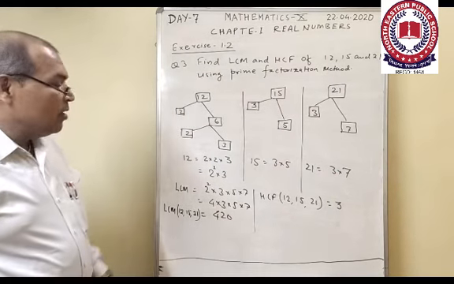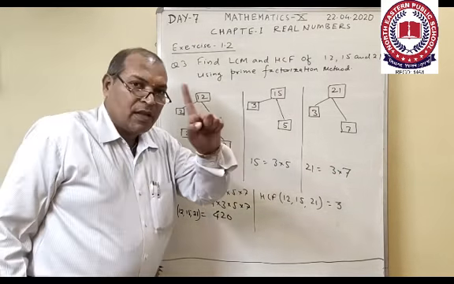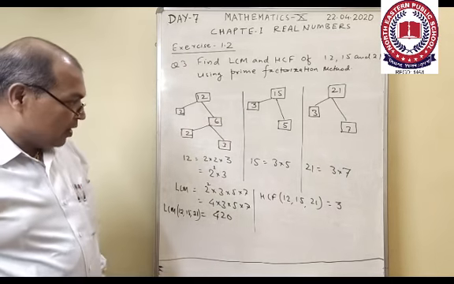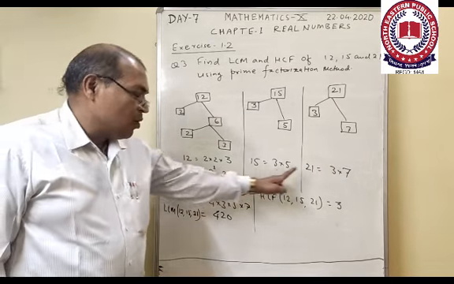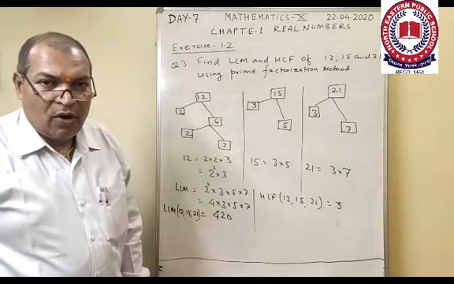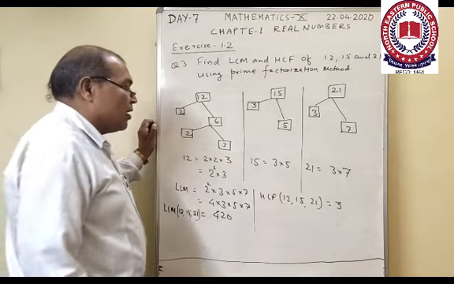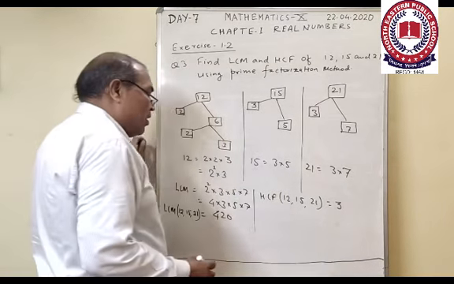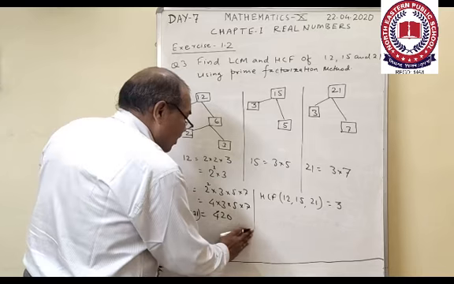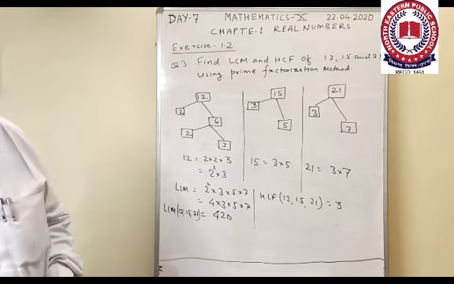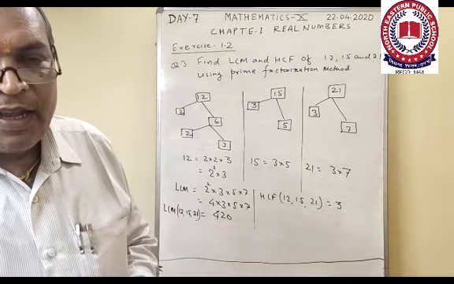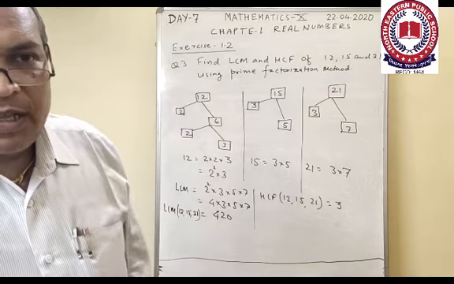The minimum power everywhere is a single time, so its power is 1, and we can write only 3. There is no other prime factor common to all the given numbers' factorizations. So here the HCF is only 3. Likewise we can find the LCM and HCF of any given positive integers.